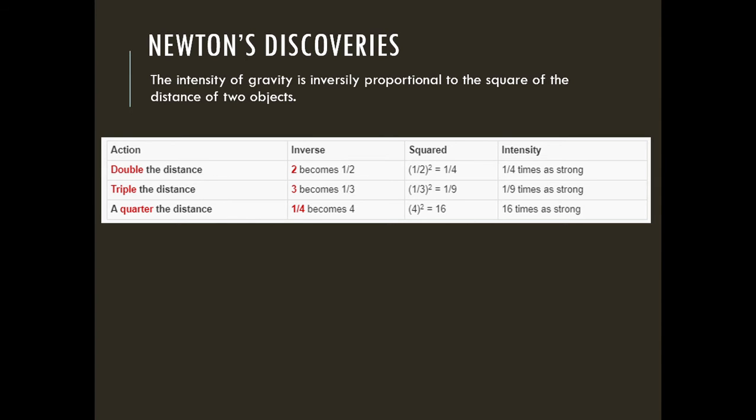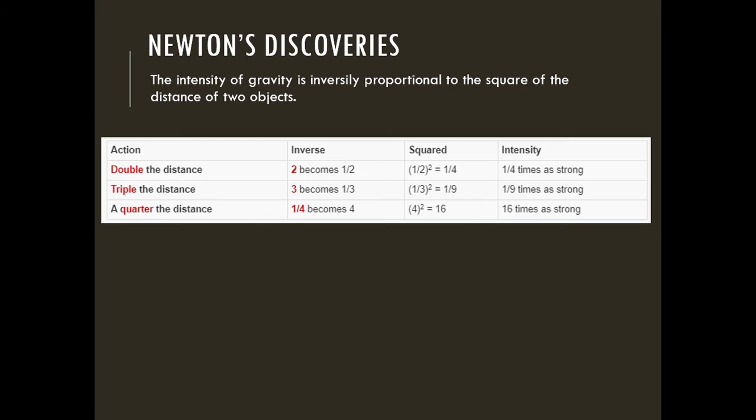All right. And if we go back to the statement one more time. So the intensity of gravity is inversely proportional to the square of the distance. So now we already have the inverse because we already turned our 2 to 1/2. Okay, so that means that the inverse that we have right here, we have to take it to the second power.